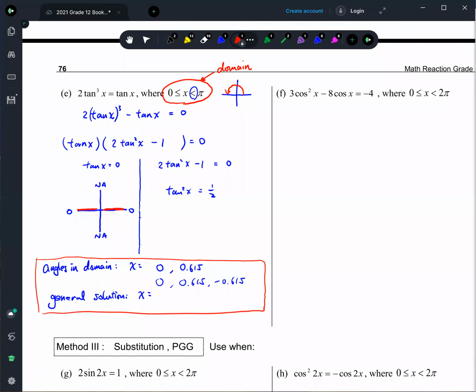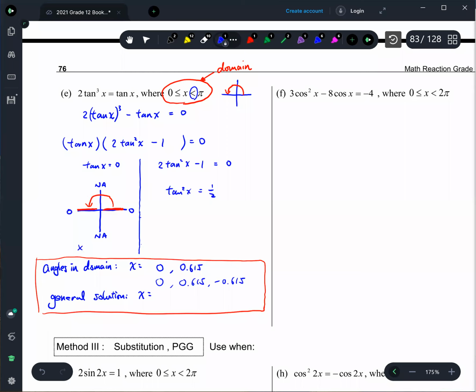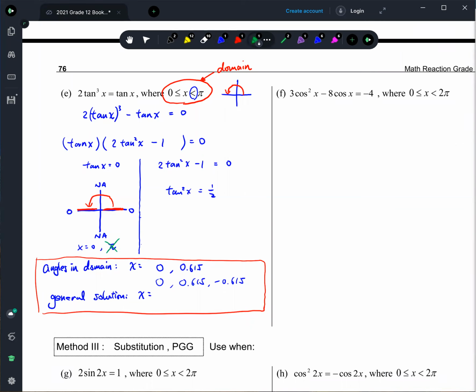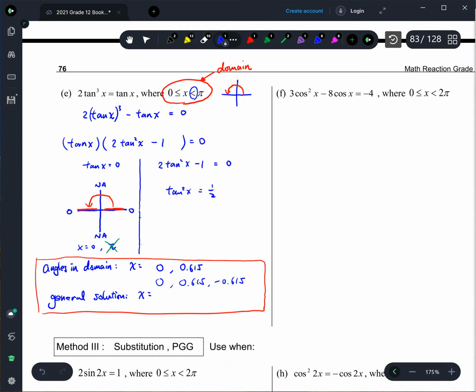So from the left side, we have our first answer, right? We have x equal to 0 and pi, but we cannot include pi because of the domain. Okay, so we have our first answer, x equal to 0. Now for the right side, if I want to find tangent x, I need to square root it, right?